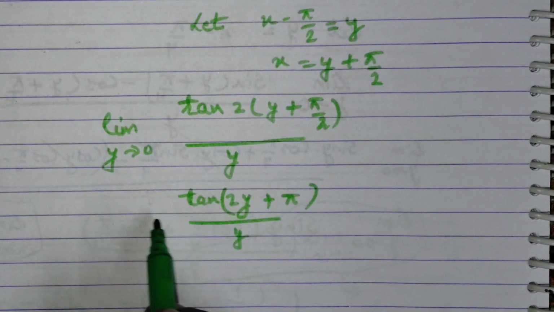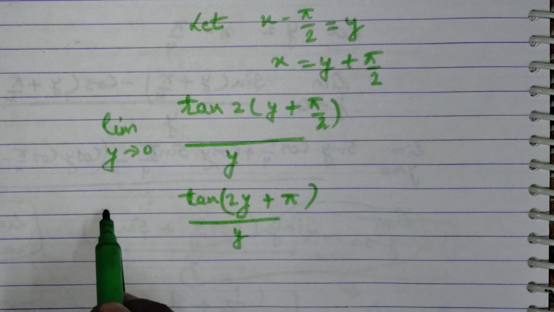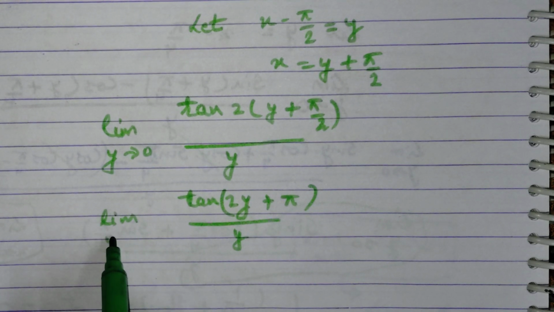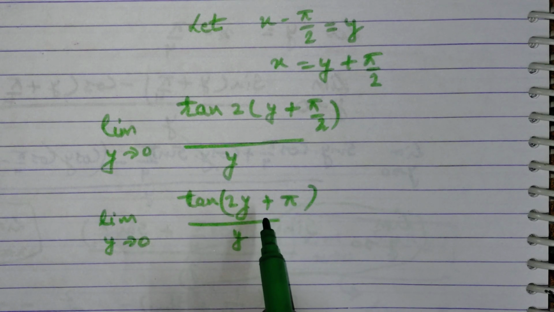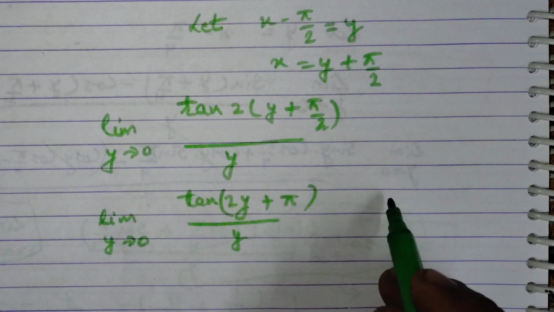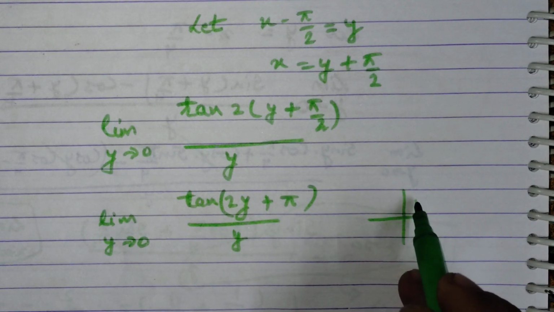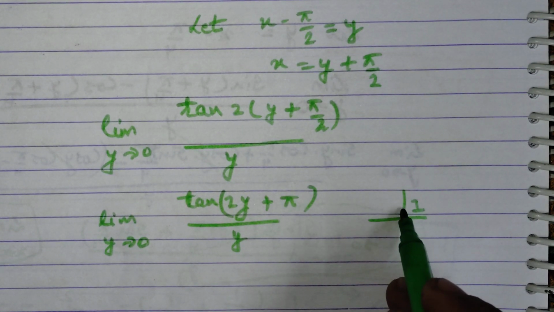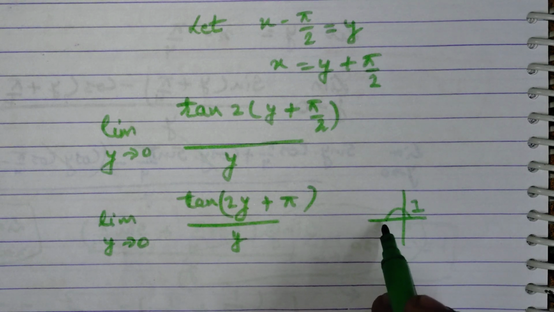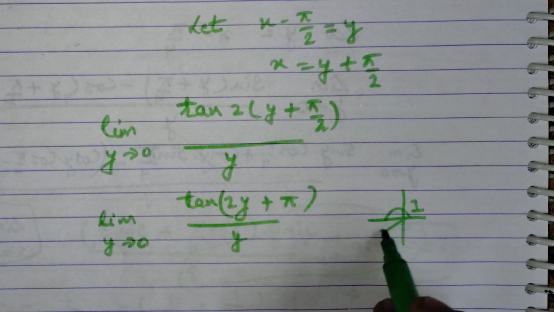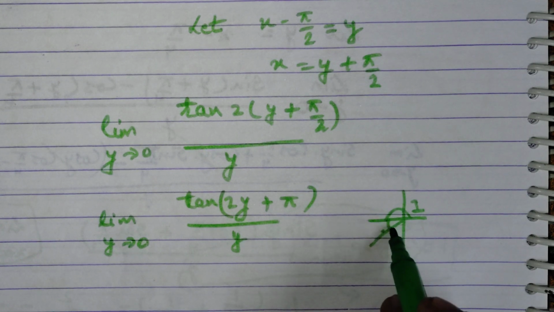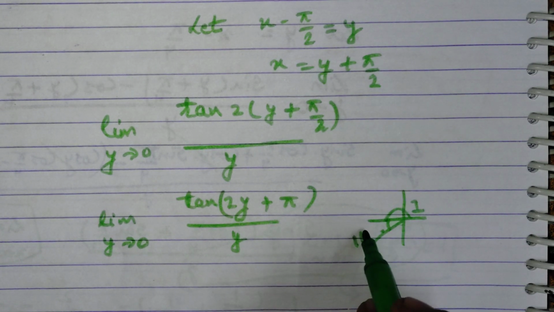In which quadrant is it? Pi means the third quadrant, so pi plus y means the third quadrant. Third quadrant.